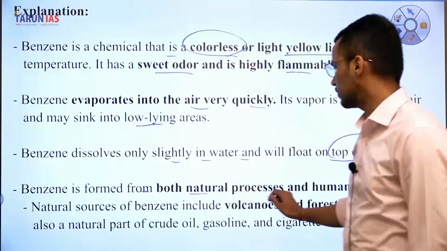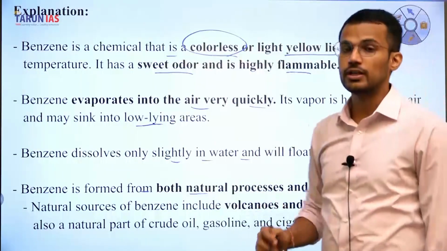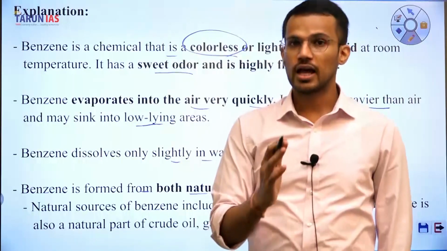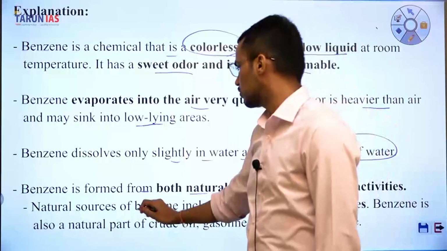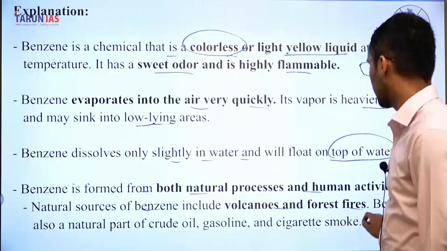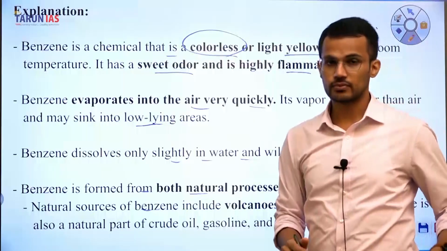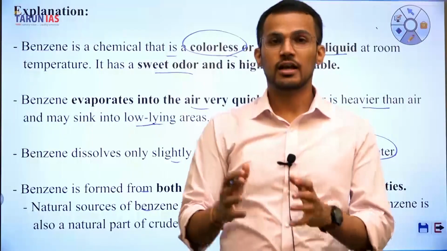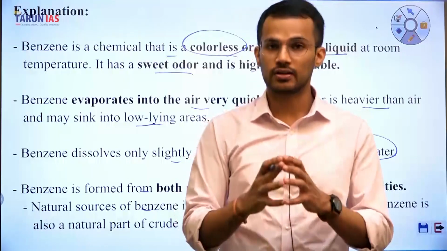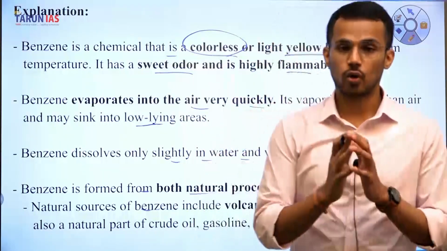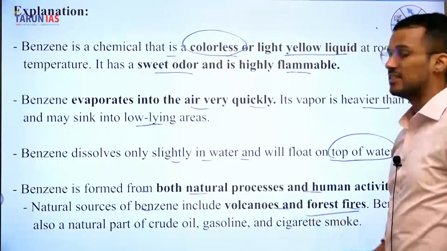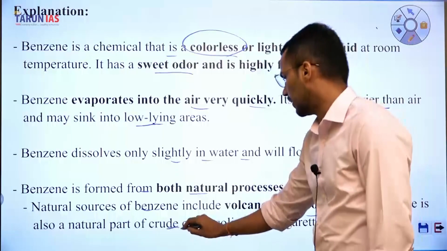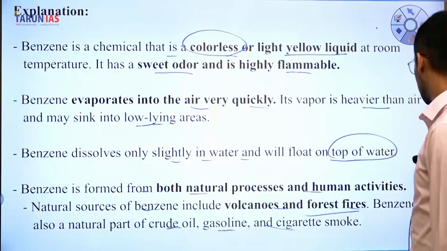Benzene is formed from both natural and human induced processes. So, the sources of benzene are both natural as well as human induced. Natural sources of benzene include volcanoes and forest fires. So, forest fires not only lead to emission of methane, carbon monoxide, oxides of sulfur and nitrogen, but along with that, they also lead to emission of benzene. Benzene is also a natural part of crude oil, gasoline, and cigarette smoke.